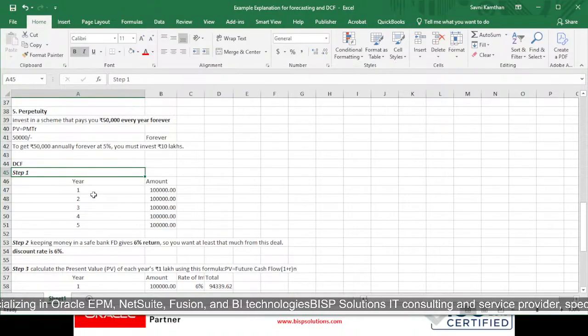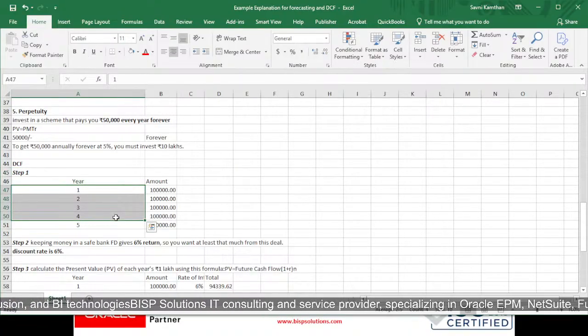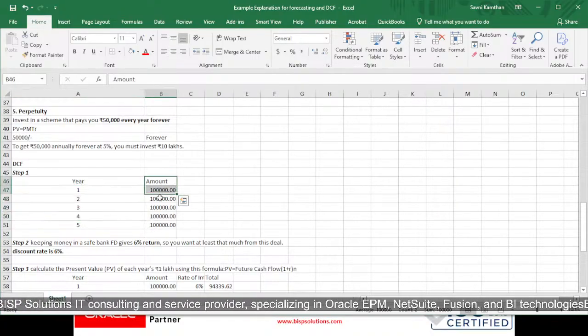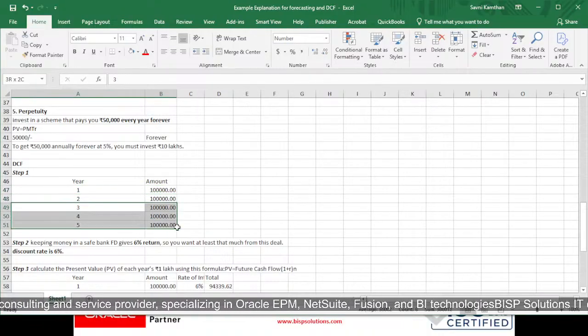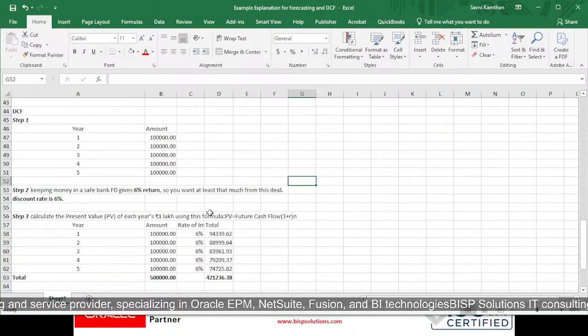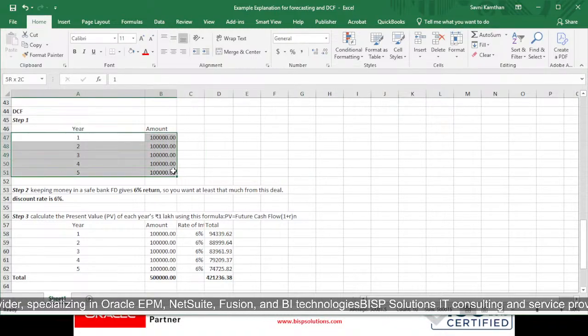So the owner Ravi says the tea stall earns a profit of ₹1 lakh each year and he expects it to stay steady for the next 5 years. So the future cash flows will look like this: first year ₹1 lakh, second year ₹1 lakh, and so on till the end. Now these are the expected cash flows.